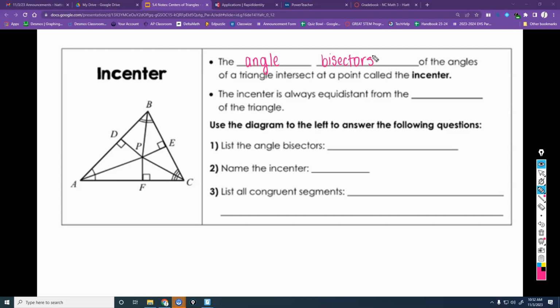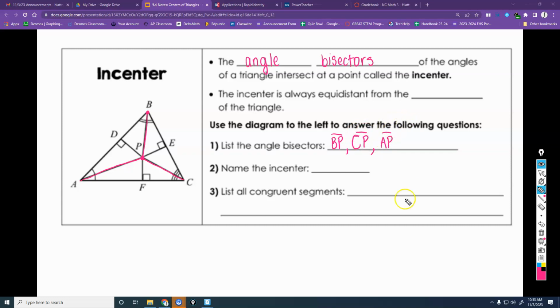Divides an angle in half, right? So your angle bisectors are going to be this line, this line, and this line. Those lines that cut the angles of the triangle in half. So for this problem, it is BP, CP, and AP.